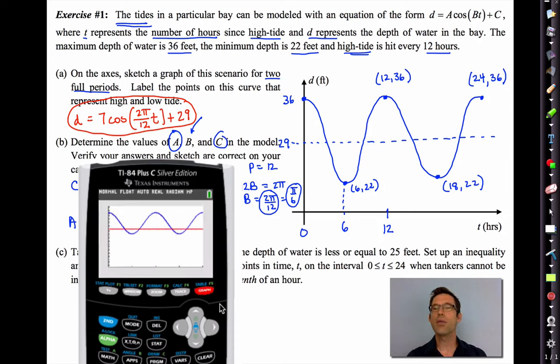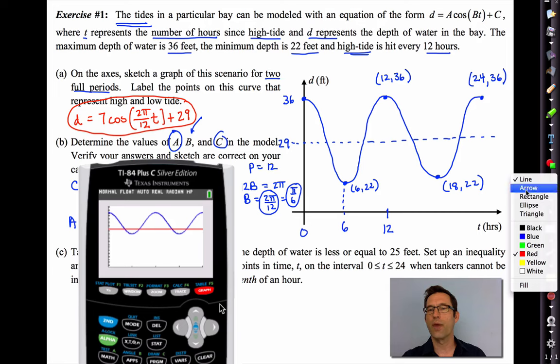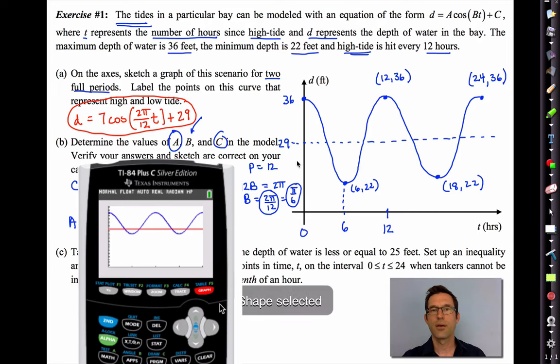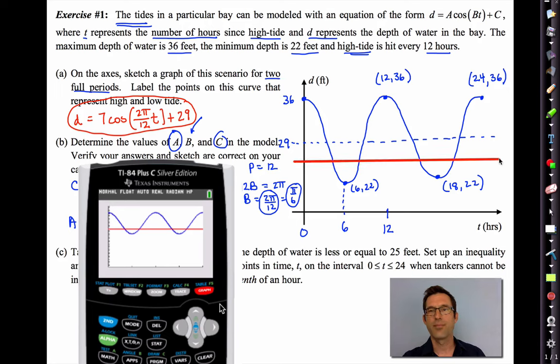Okay, I'm going to throw that on my graph, and I'm going to throw it on in red. For me, it would be right about there. And since I now have a second graph on here, I'm going to label it y equals 25. And really what I need to know now is these intersection points.